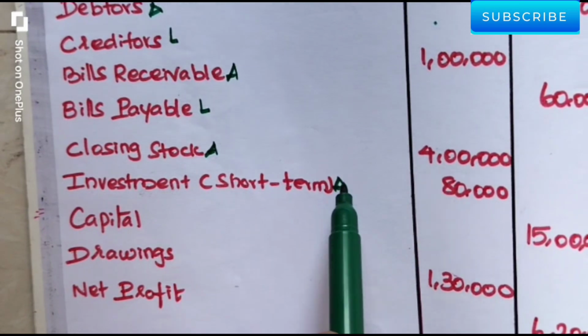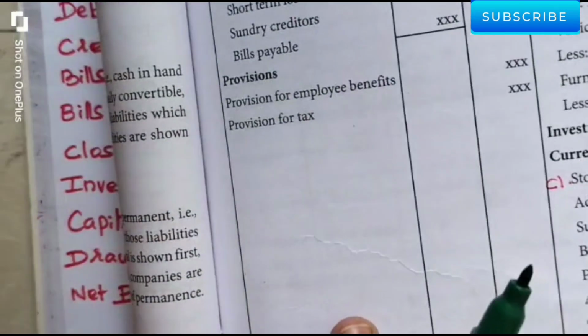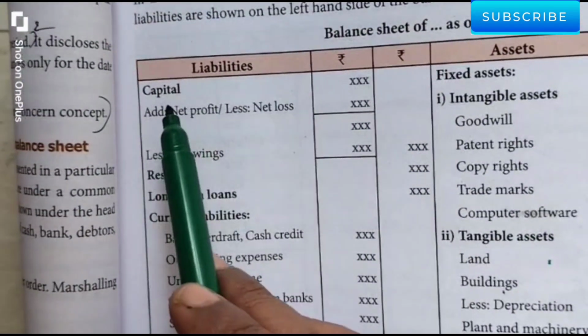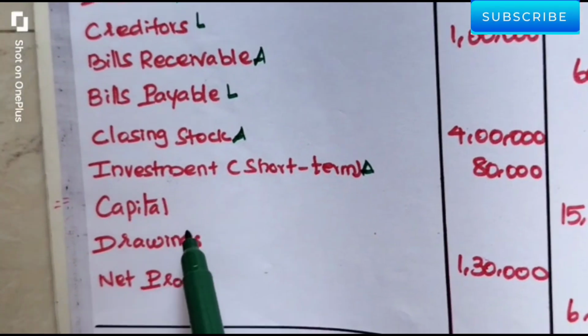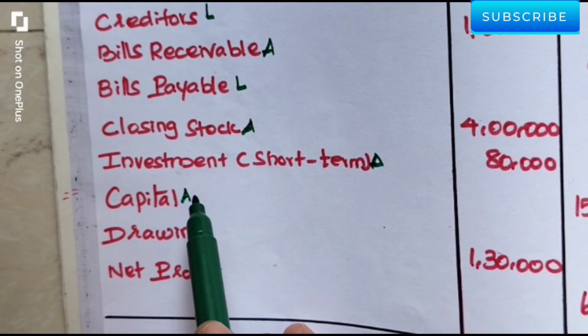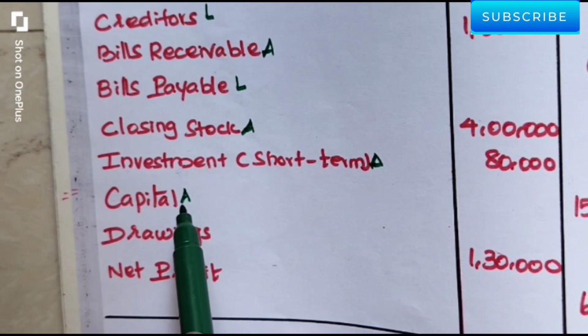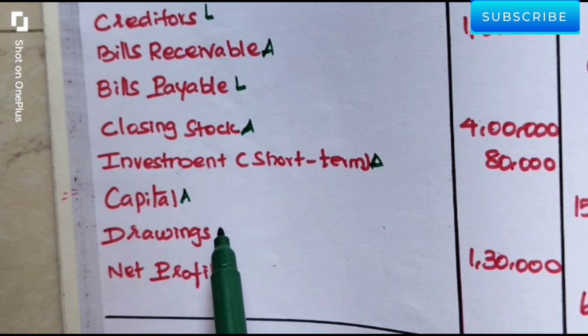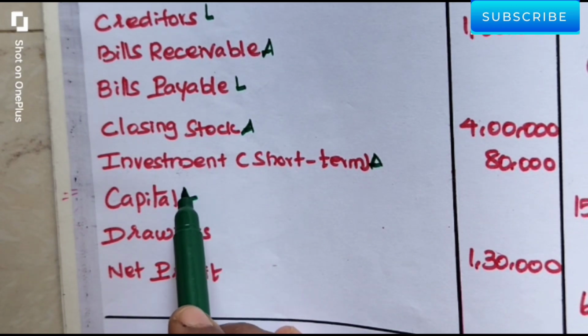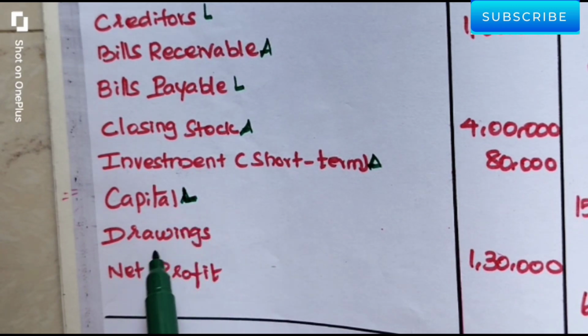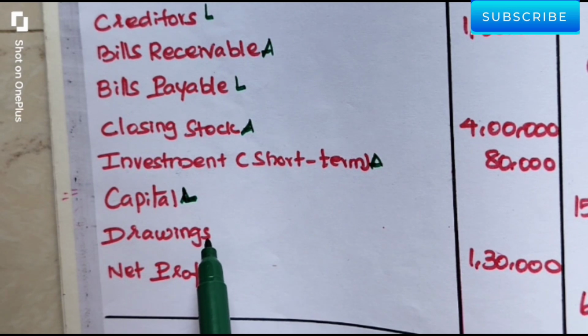Then capital. Capital is a liability. What is meant by capital? Money or money's worth which you invest in your business is called capital. Capital comes under the heading of liability. Then drawings. What is meant by drawings?